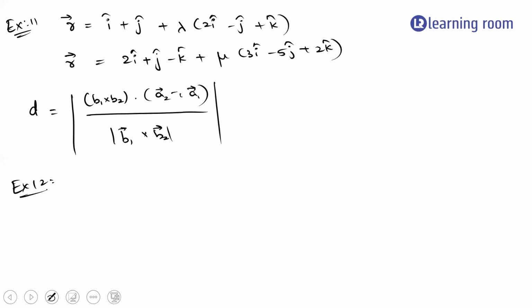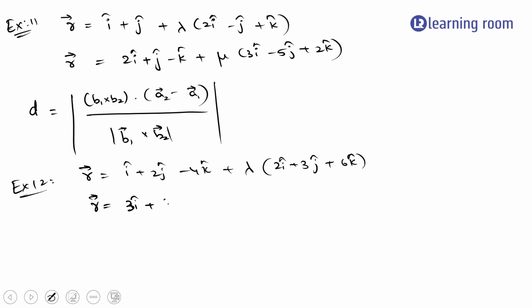Example 12. Find the distance between the lines R vector equals I cap plus 2 J cap minus 4 K cap plus lambda times 2 I cap plus 3 J cap plus 6 K cap, and R vector equals 3 I cap plus 3 J cap minus 5 K cap plus mu times 2 I cap plus 3 J cap plus 6 K cap.